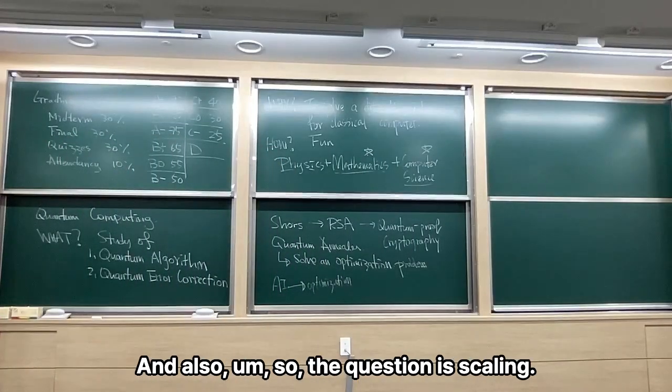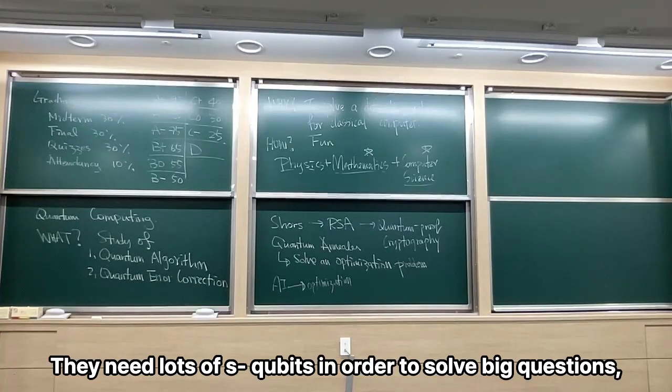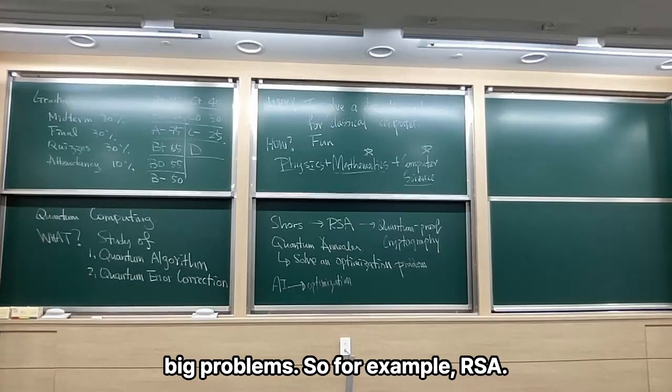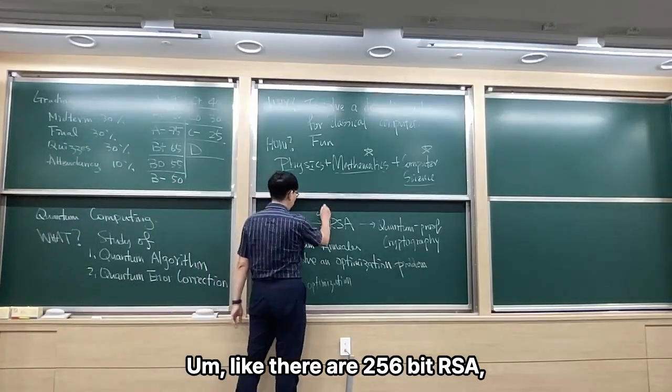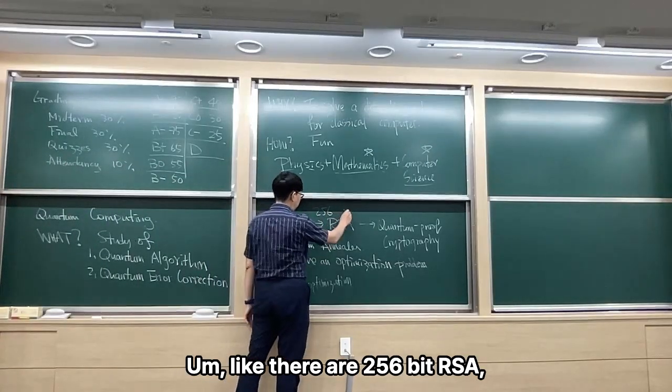And also the question is scaling. They need lots of qubits in order to solve big problems. So for example, RSA: there were 256-bit RSA and 512-bit, and they don't even use these anymore.